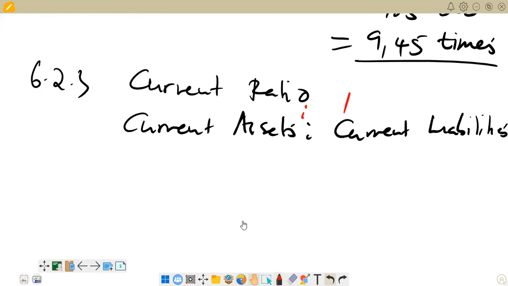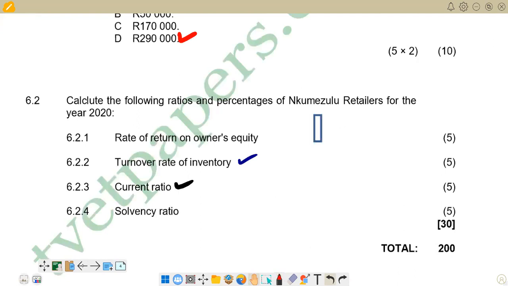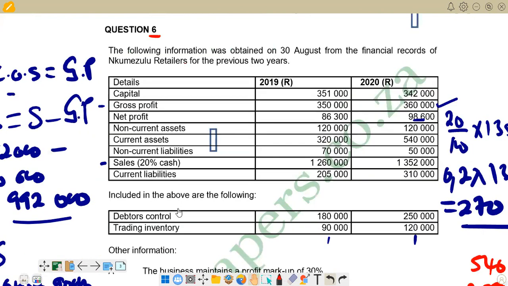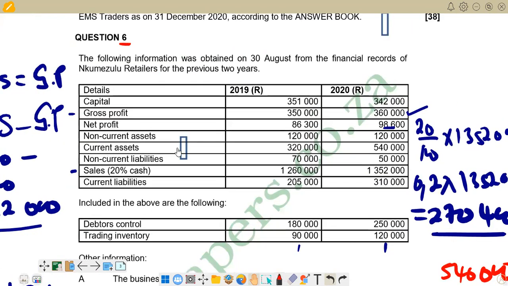And the same applies to the acid test ratio or the quick ratio. So we go there to check the figures that we have in terms of current assets and current liabilities. You see that the figure for current assets is 540,000, then current liabilities we have got 310,000. So we can just go there and present it in that form.